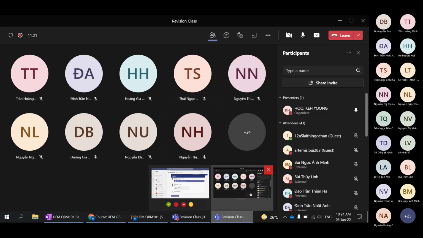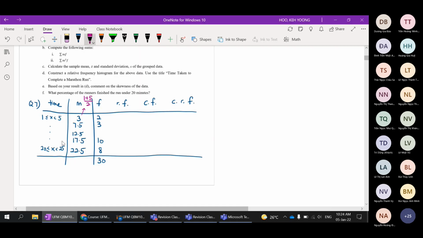No. To find the frequency for the third class, you take the total frequency minus the frequencies of the other four classes. Then you get 7.